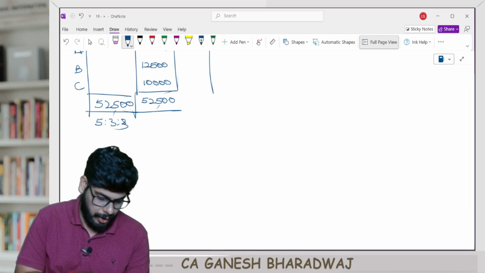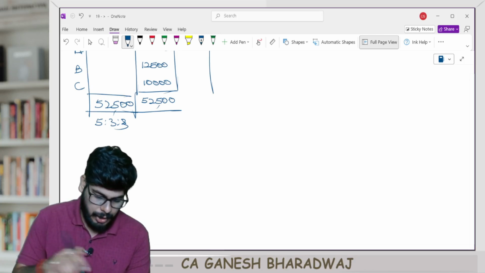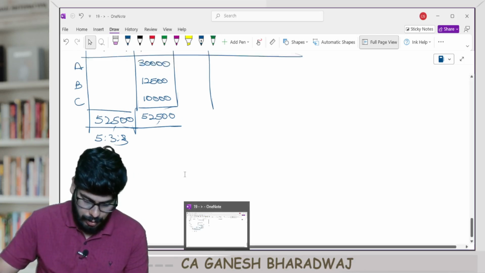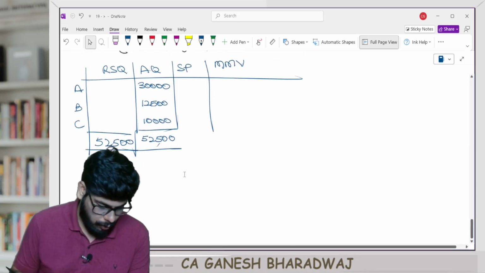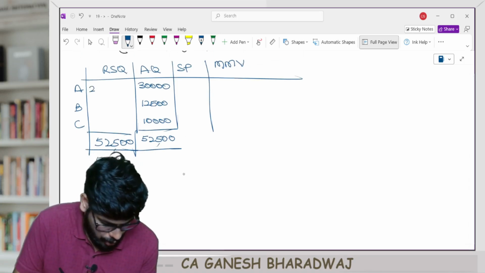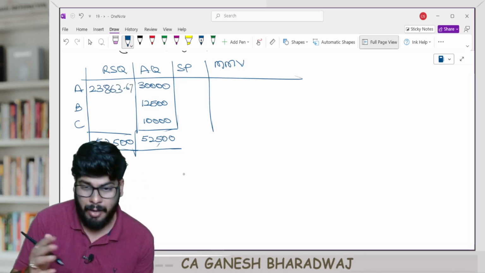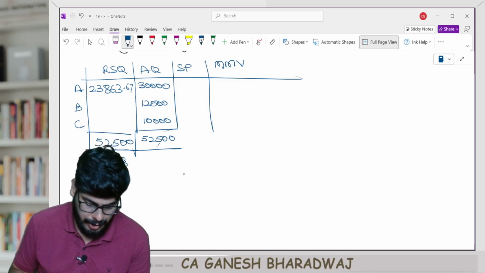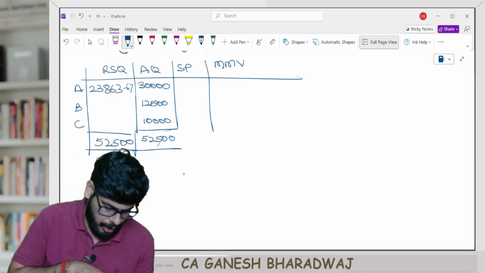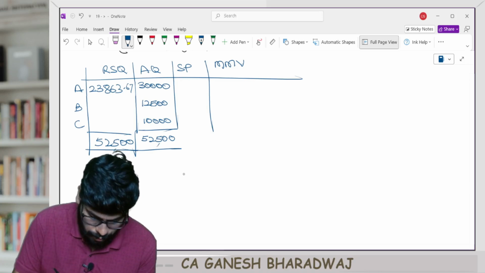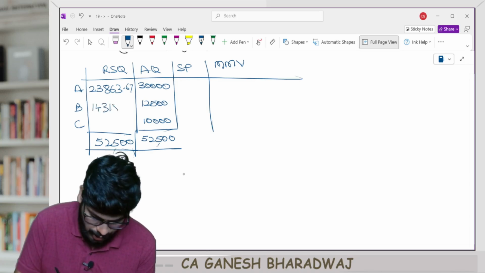So 52,500 divided by 11 into 5 is equal to 23,863.67. I'm rounding it off here, but the decimals need to be retained fully. Then the 3 is equal to 14,318.18.